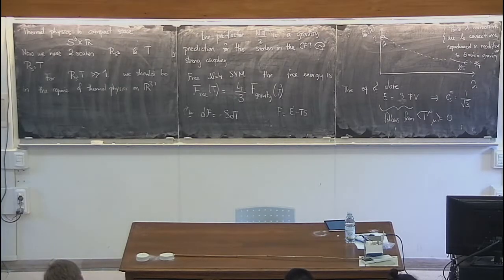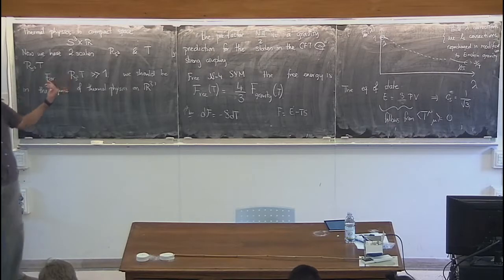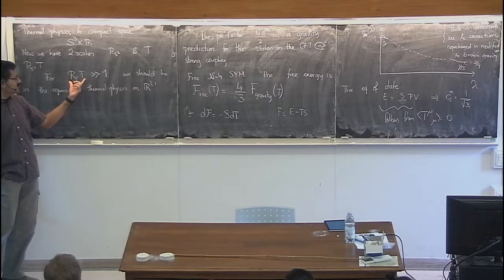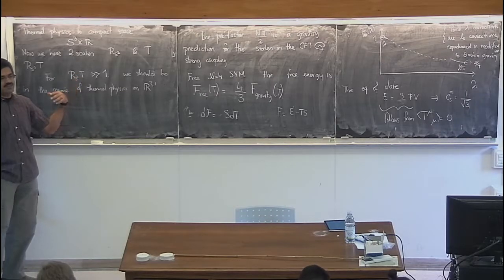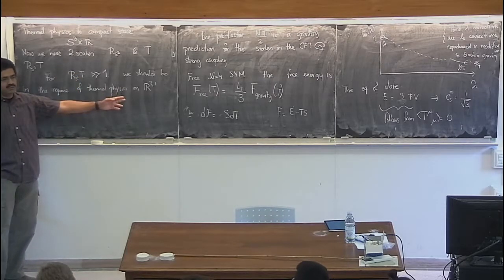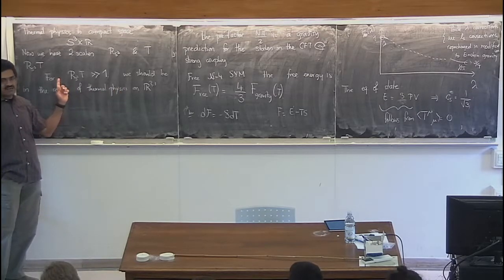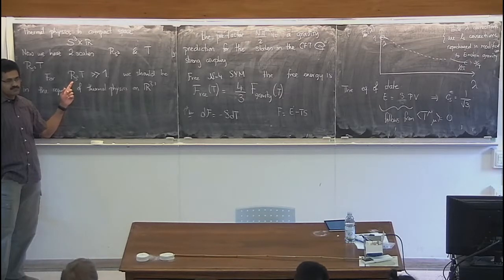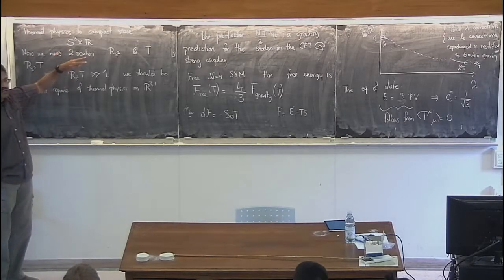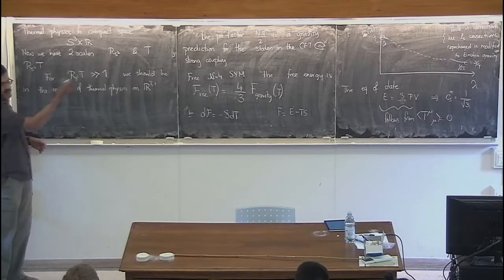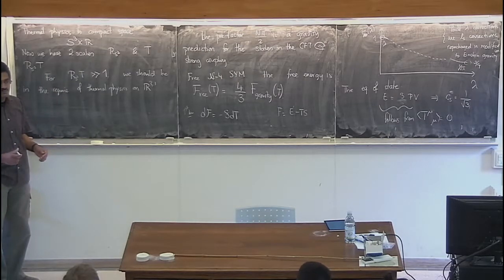Taking this parameter very large can be achieved by taking the size of the sphere to be very large and just decompactify the sphere. But it can equivalently be done by staying with a finite size sphere and taking the temperature to be very large. So the high temperature physics on S3 cross R has to agree with the predictions that I just told you. But we don't know anything yet about the low temperature physics.